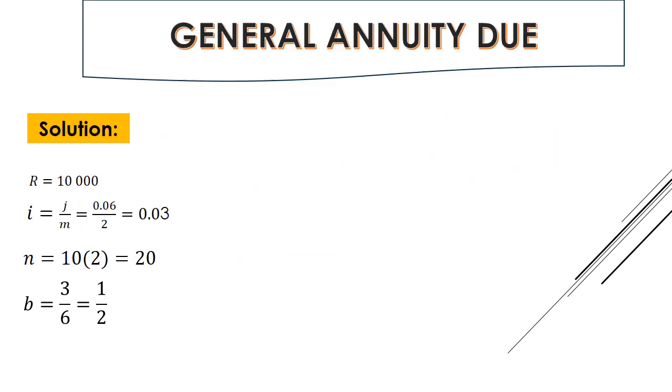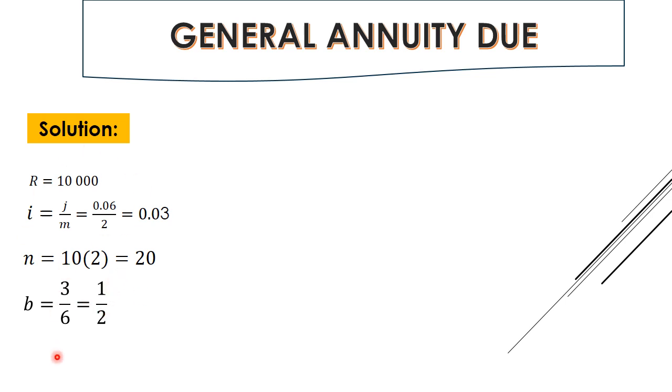Now let's try to solve this. For the periodic payment, we have 10,000. I there is 0.03, and N is 10 times 2 equals 20, since T there is 10 years. B is 3 over 6, since the number of months in the payment interval is 3, because it's quarterly, and 6 is for semi-annually, so that would be 1/2.